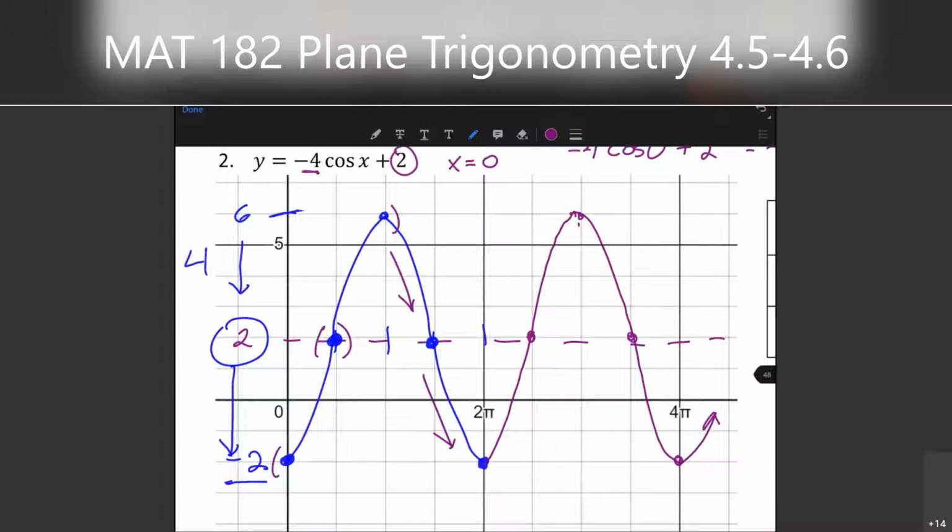So those grid marks would happen to be pi halves, pi units, and 3 pi halves units. So if we need to do a sine over 2 pi or cosine over 2 pi, we're always going to have 3 points in between that are equal distance. Makes sense. So it's more of a pattern thing. Once you do a lot of cosines and sines, it's going to have that same pattern.